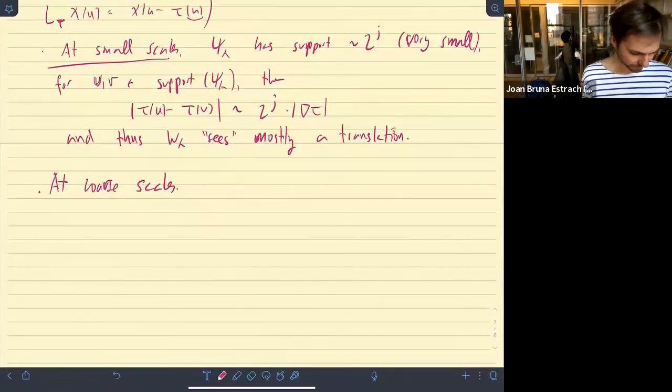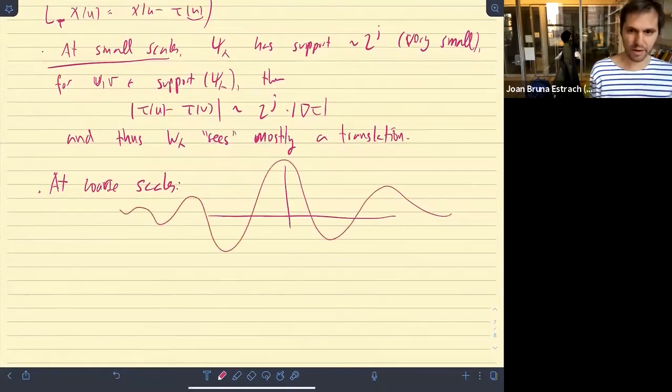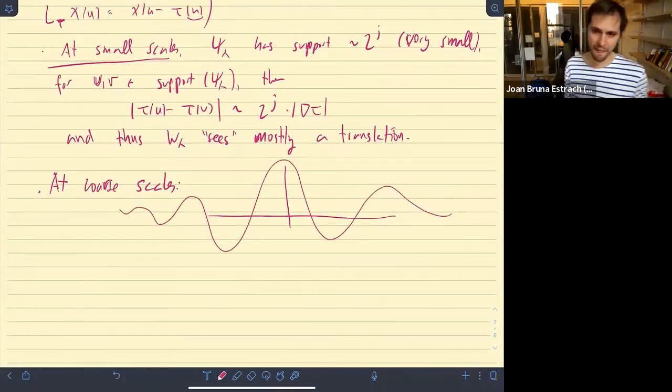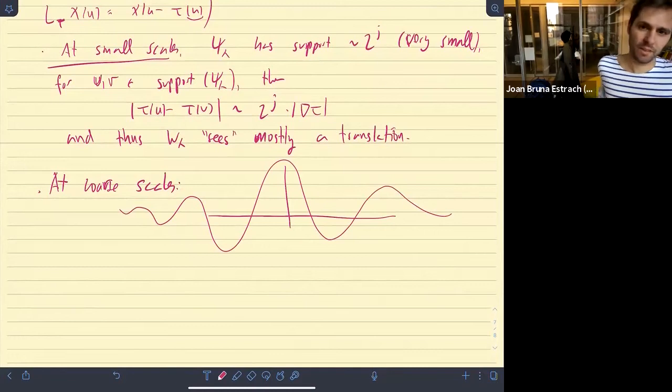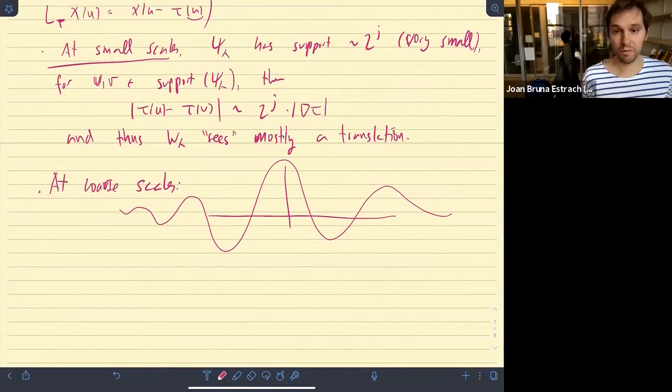Now I need to understand what happens when my wavelet is very, very coarse, like something that is very smooth. Then we need to remember what happened last week.